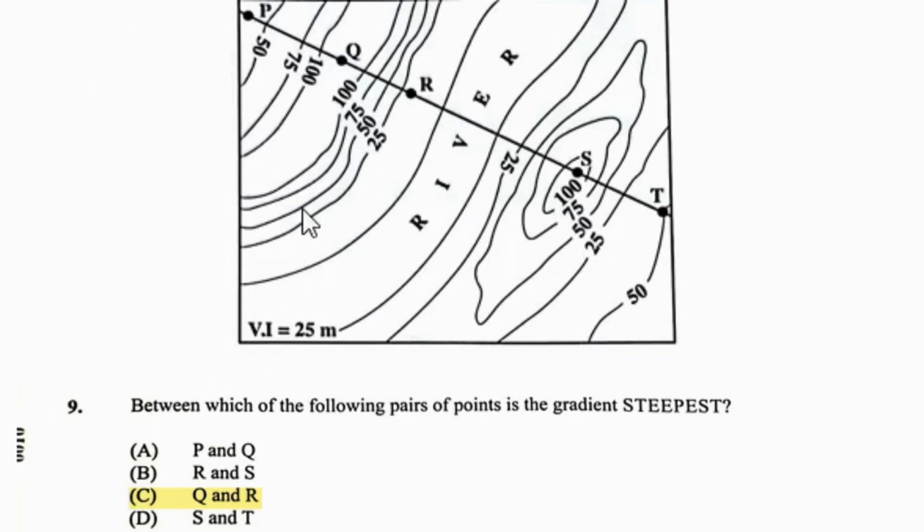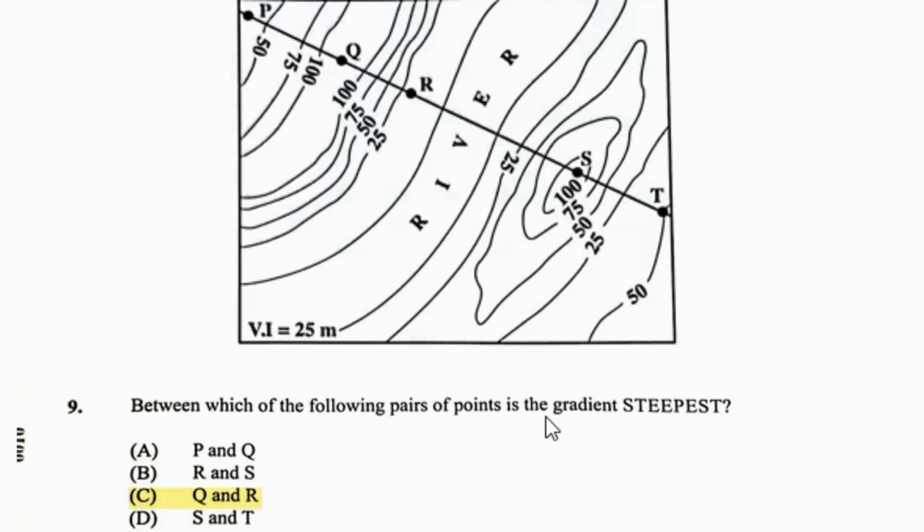So if we look at the map, P and Q, which is option A, the contours are a little bit wider apart, so not steep. Gentle rolling, not flat, but gentle rolling, perhaps.